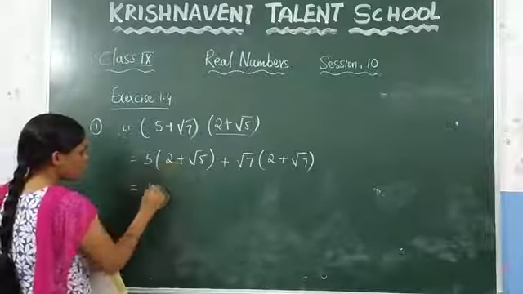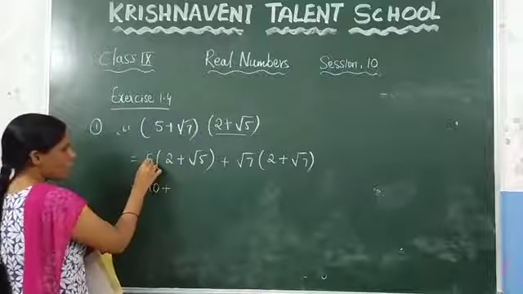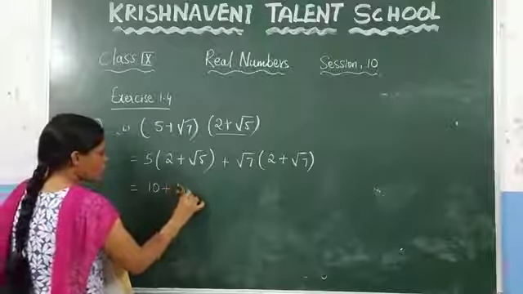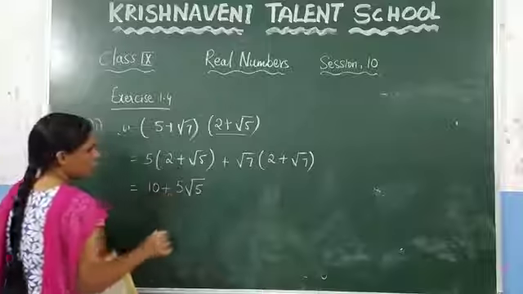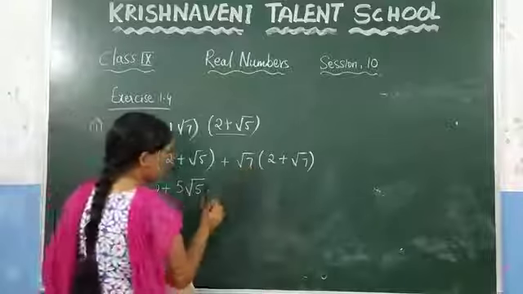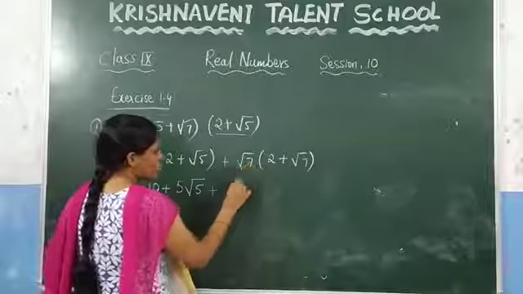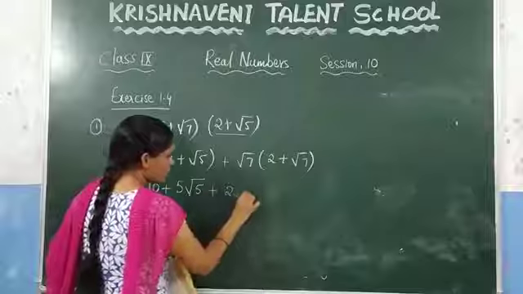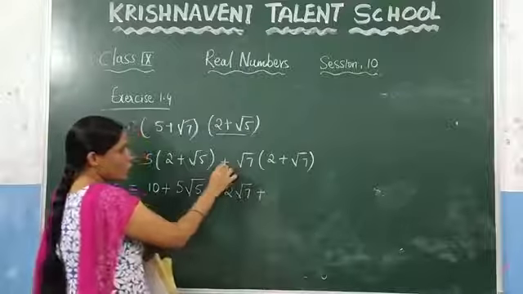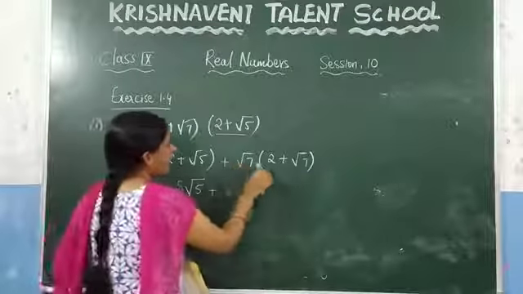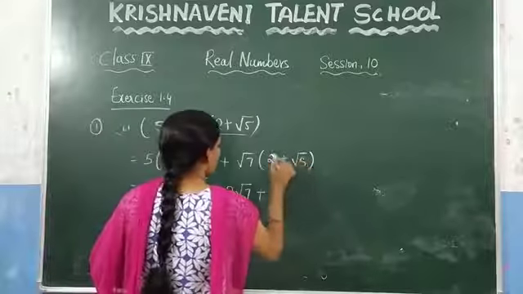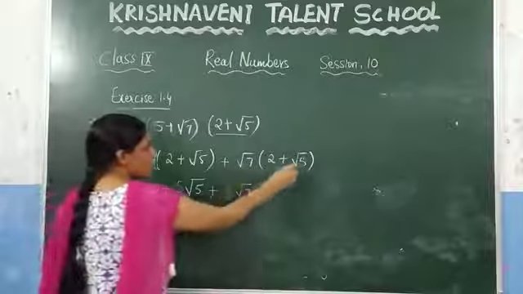5 into 2 which is 10 plus 5 into root 5 which is 5 root 5. Now you need to multiply these values: plus 2 into root 7 which is 2 root 7 plus now here root 7, and after that here what is the value? Root 7 into root 5.